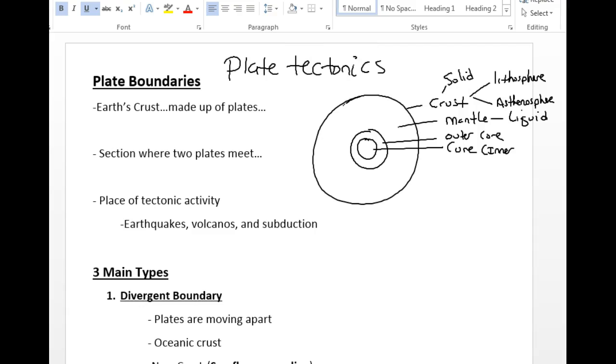So a plate boundary is a section where two plates meet. And they can be coming together. They can be moving apart. And then they can be going side by side.